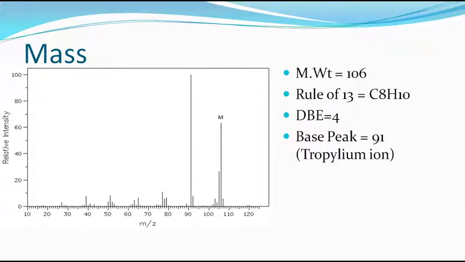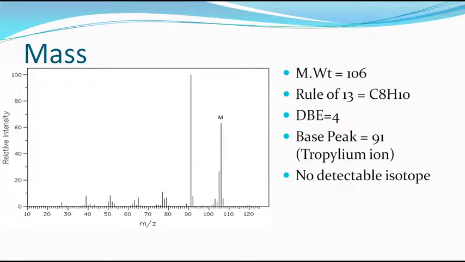So a C6H5CH2 group may be present, and there are no other prominent detectable isotopes. That's all about the mass spectrum.